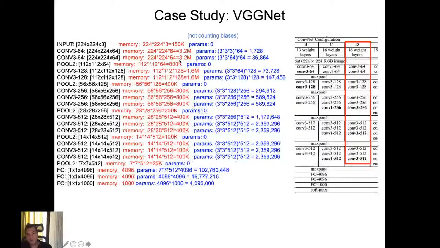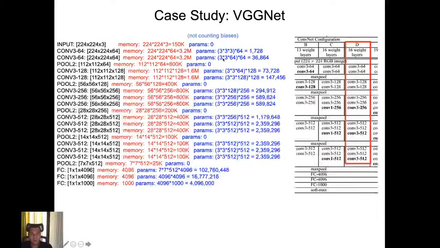As you see, to store the activation maps, you need more memory for the first convolutional layer. So this is 3.2 megabytes, and you go down to 100 kilobytes, and for the fully connected layers you only need 496 floating point values.